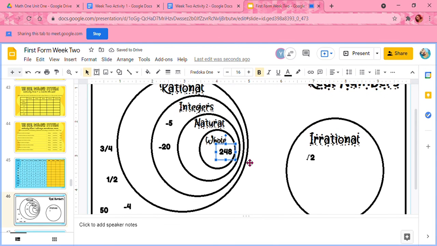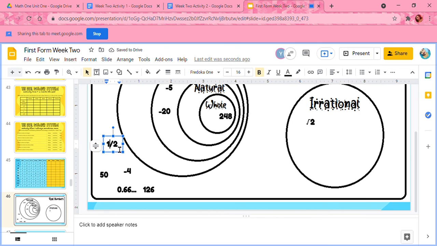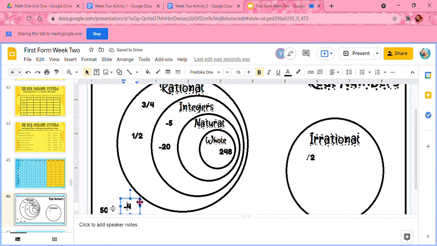Yes, go back. 3 over 4. Rational, very good. What about half? Rational, very good. What about negative 4?